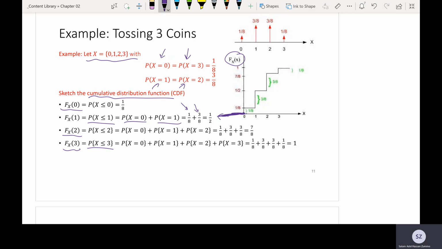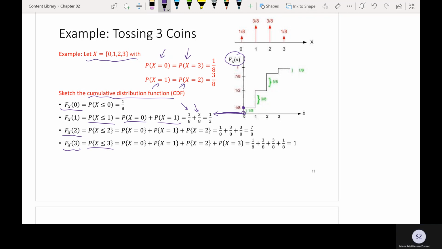When we reach 0, what does F_X of 0 become? What was it? It was 0, we said, right? Until we reach 0, then it becomes 1 over 8. So it's open here and closed at 1 over 8.